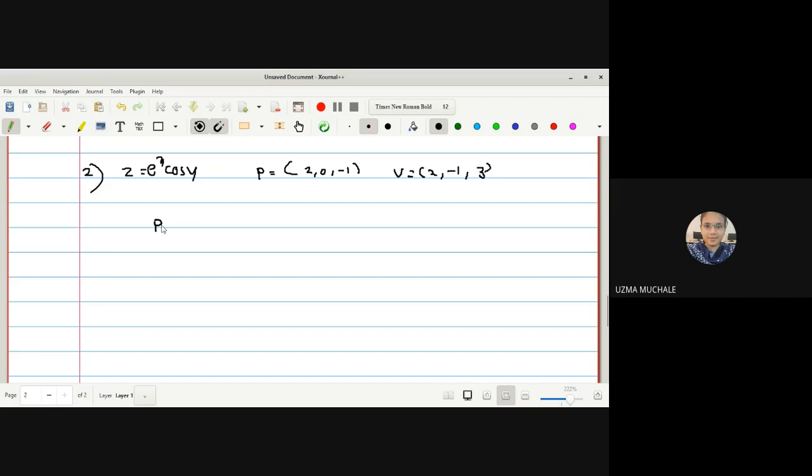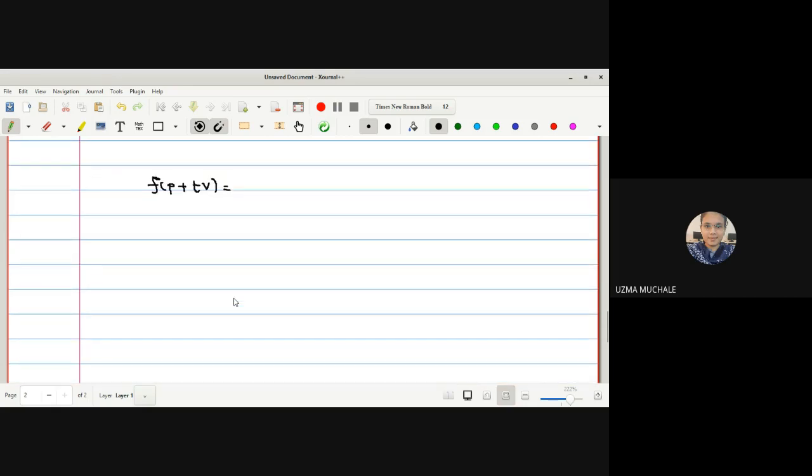Okay, first you have to find out P plus TV, then find F of P plus TV, then find the derivative of F of P plus TV, that is d by dt of F of P plus TV. Correct? Then put t equal to 0. Evaluate and tell me the answer.